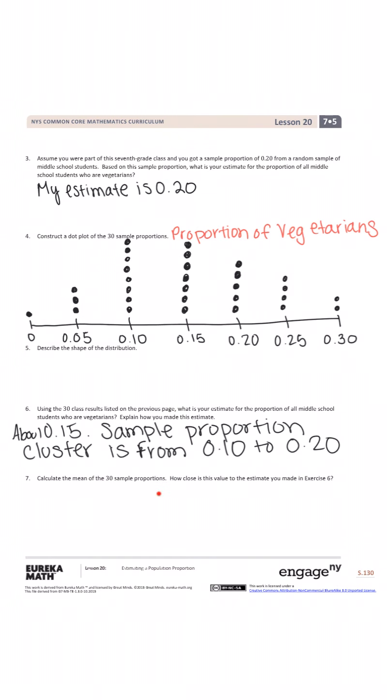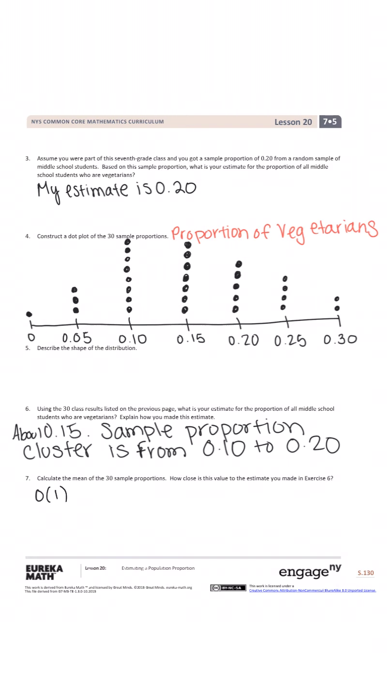Now, calculate the mean of the 30 sample proportions. How close is this value to the estimate you made in exercise 6? We can look at our dot plot above and set up an equation. For our 0, we have 1, so we can say 0 times 1.